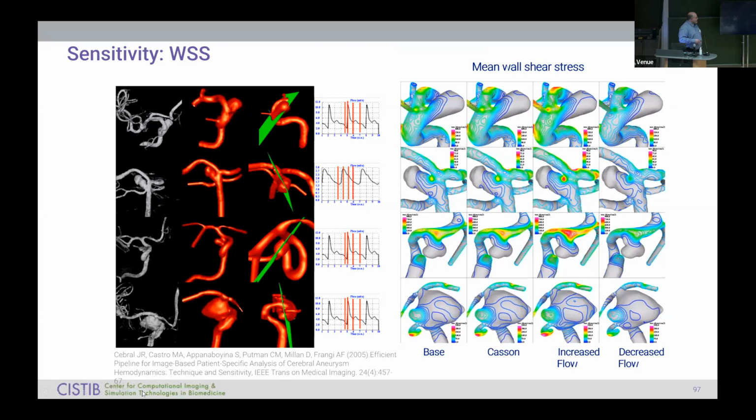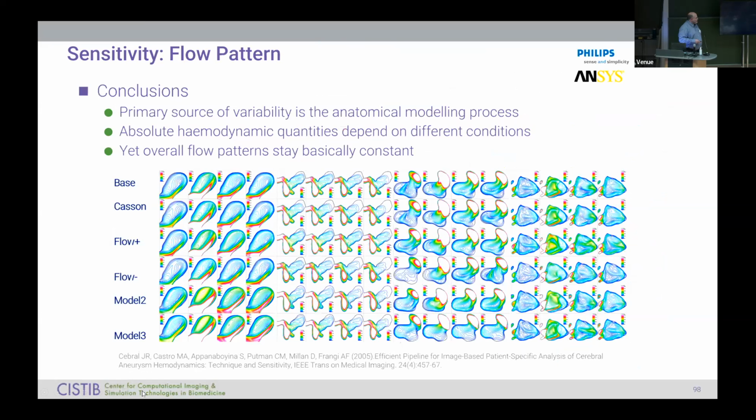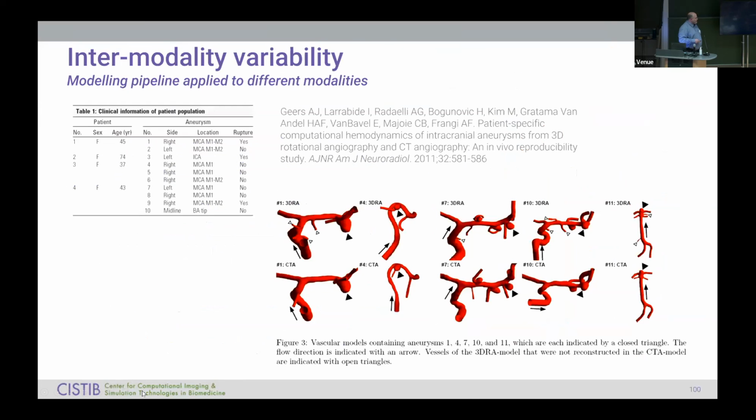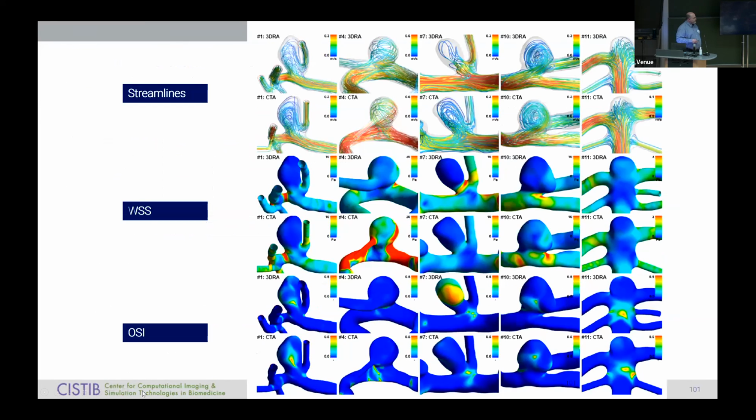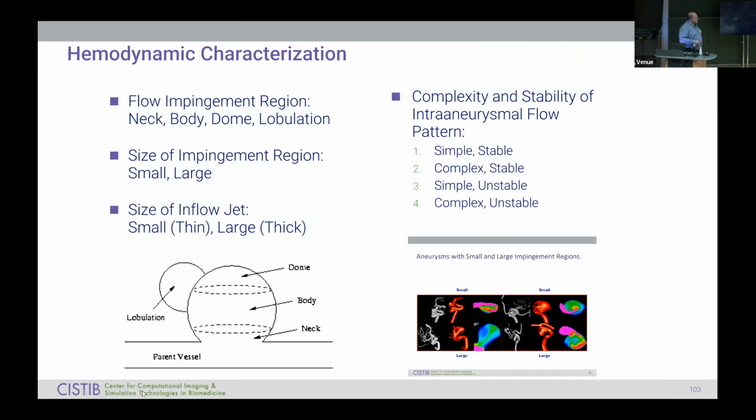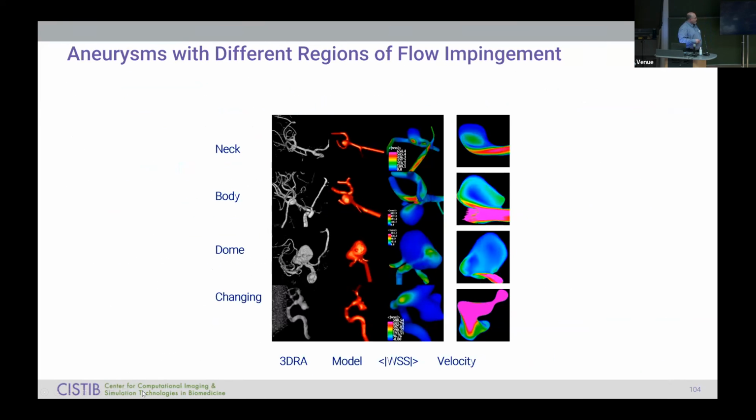I'm going to skip quite a bit. One of the things we did, that I'm not going to go through, is a lot of sensitivity analysis to show how our simulations depend on the modeling choices. We also developed ways to quantify the flow in an automatic way, because if I give you just simulations like this and ask you how this flow differs from that, it is very complicated.